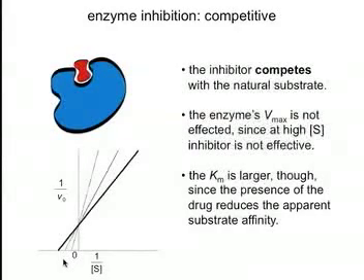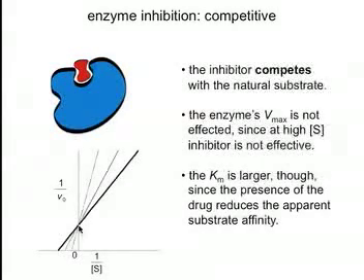Now, the idea is that we can easily visualize what's happening with the mechanism of inhibition. In the case of competitive inhibition, at infinitely high substrate concentrations here at the intercept, the inhibitor is no longer active.